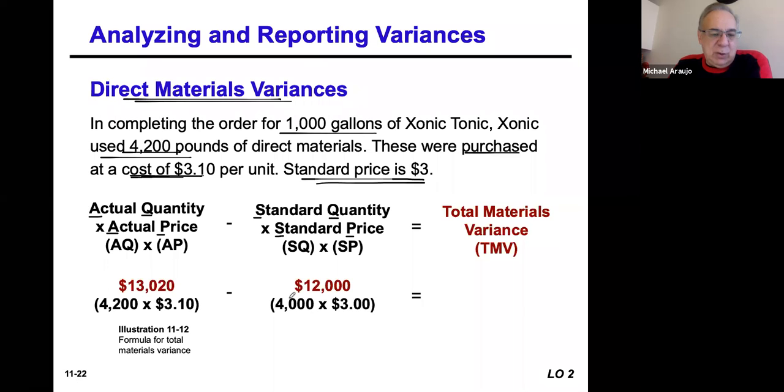We were expecting to use only 4,000 pounds at $3 per pound, in other words, only $12,000 of direct materials. So clearly the difference is unfavorable, because your actual is greater than your standard by $1,020. This is step number one. This is important to do.